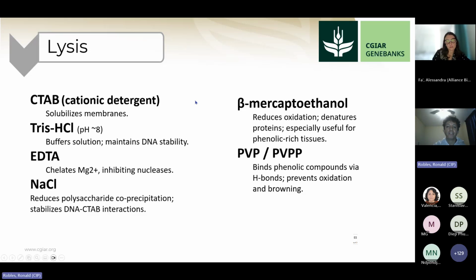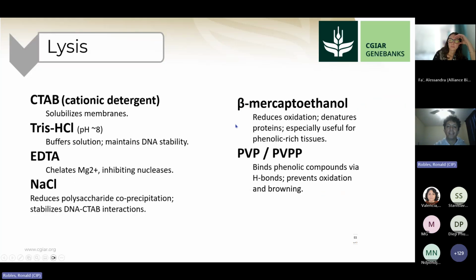And as I've mentioned previously, there are some secondary metabolites that some accessions and some species present. These are the polyphenols and the polysaccharides. To avoid these molecules oxidizing and binding to the DNA, we add two additional molecules.